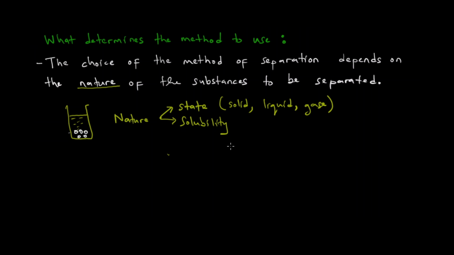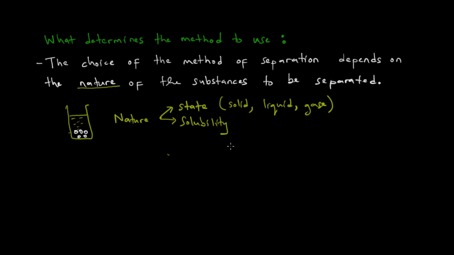If you remember, kana chinhu chinzi chiri soluble, zvoreva kuti chinokwanisa kunyunguduka mumvura. And that's what a soluble substance is. Saka we look at solubility. Maseparatero atinoita water and sand anosiyana nemaseparatero atinoita water and salt kana kuti water and sugar, because salt is soluble in water but sand is not soluble in water.